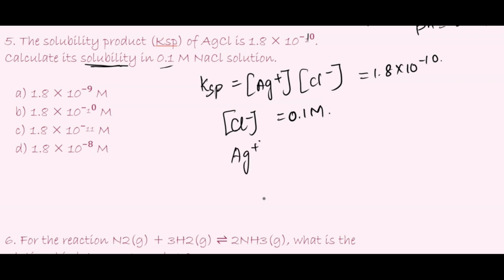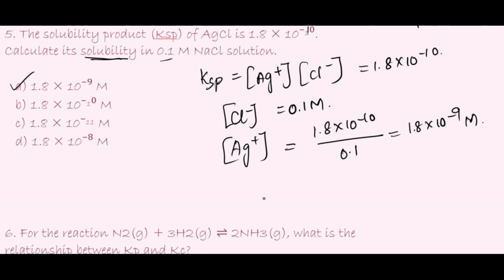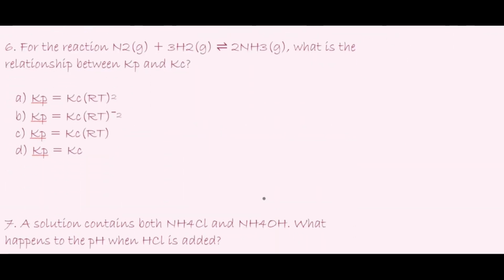Therefore, Ag plus concentration becomes 1.8 into 10 to the power minus 10 divided by 0.1, which becomes 1.8 into 10 to the power minus 9 molar. Let's move on to the next question.